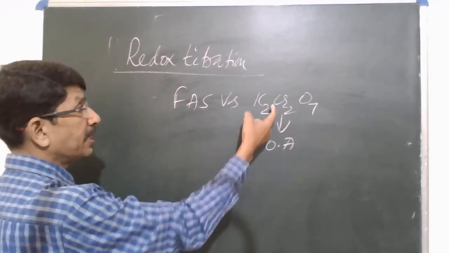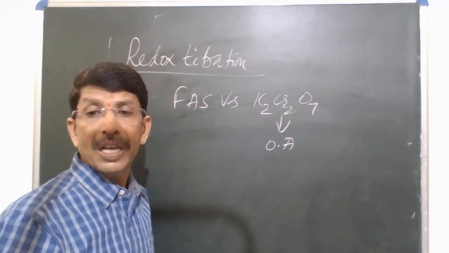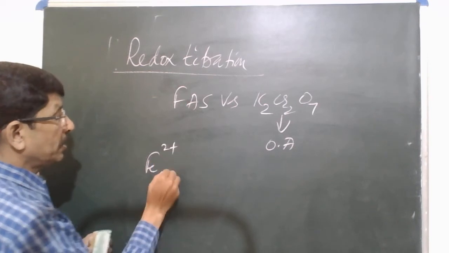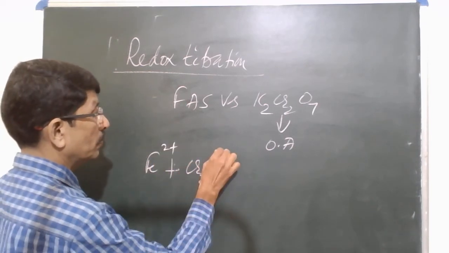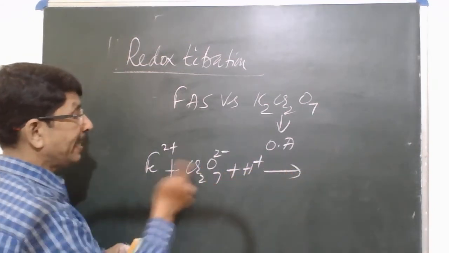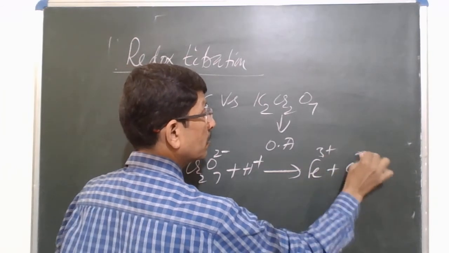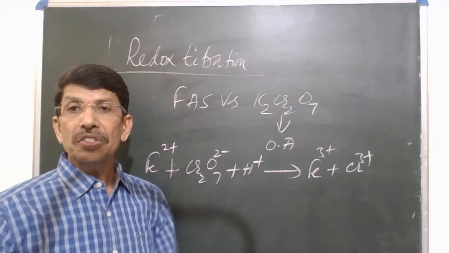Potassium dichromate oxidizes ferrous ions in ferrous ammonium sulfate, because iron in ferrous ammonium sulfate is in the +2 state, and the dichromate ion in acidic medium acts as an oxidizing agent. It oxidizes Fe2+ to Fe3+, and the dichromate ion is reduced to Cr3+.